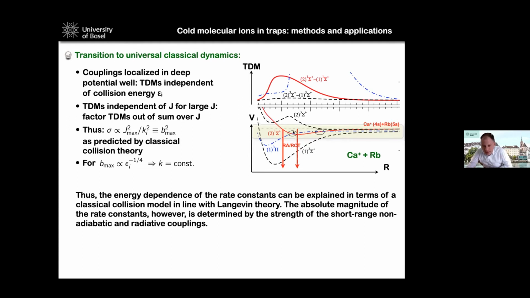Meaning, when these radiative processes kick in, our two collision partners are already sufficiently close that they are around the region of the bottom of this well, at which point they have already been appreciably accelerated by this interaction potential.